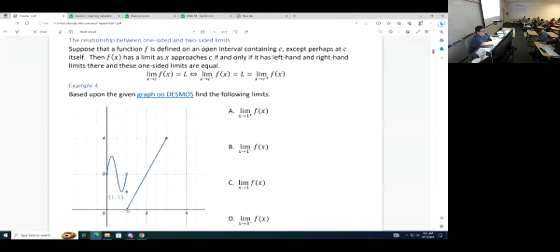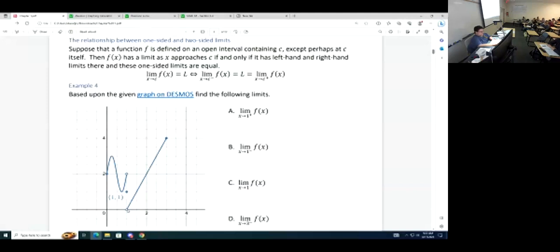So for that graph, the limit as x approaches 1 from the right side is 0.